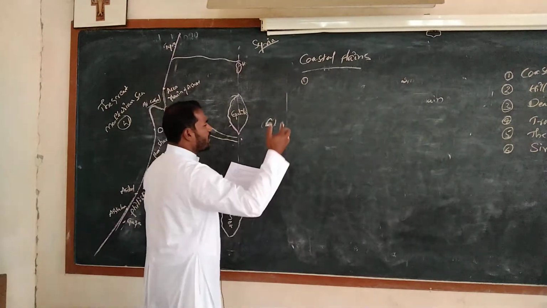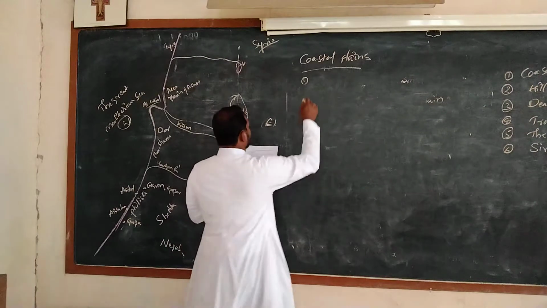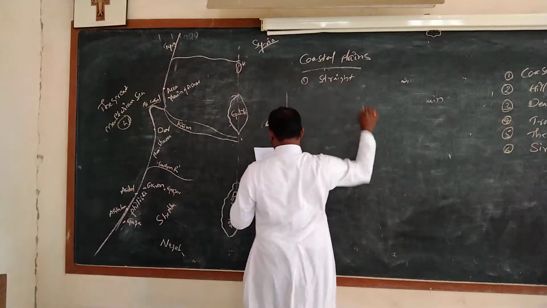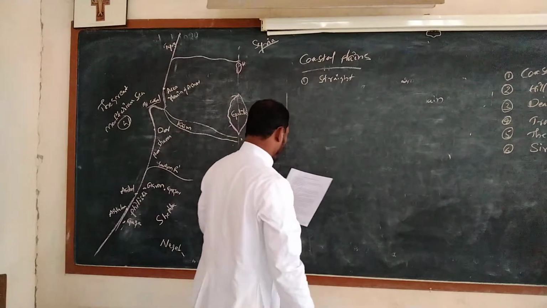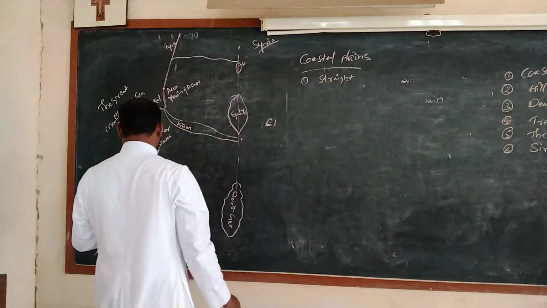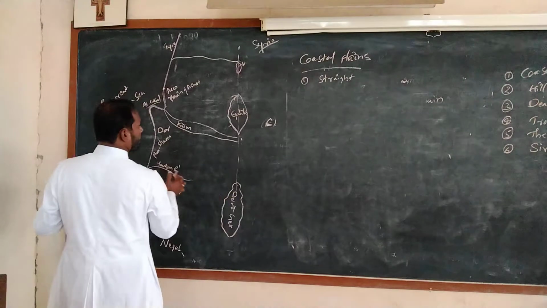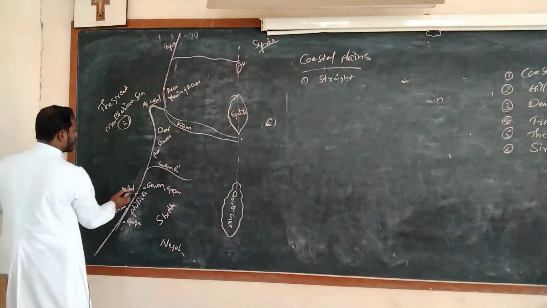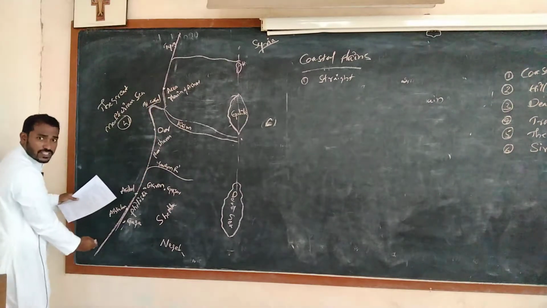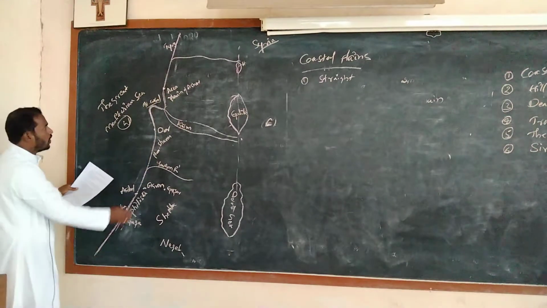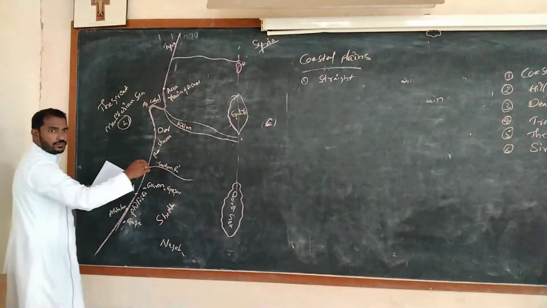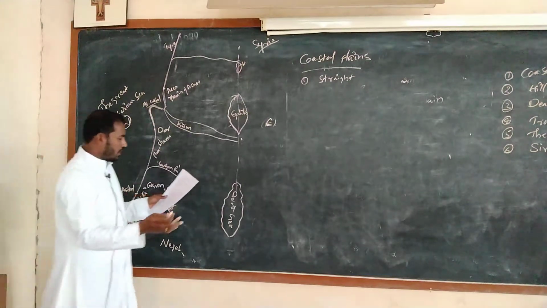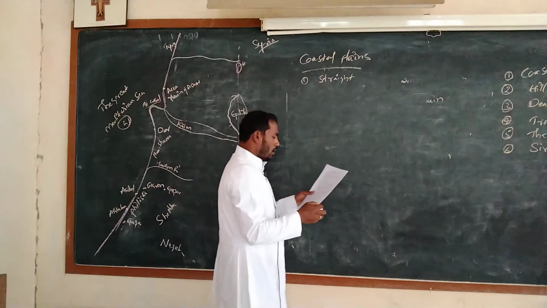The coastal plain is rather straight, extending along the Mediterranean Sea. See here it is rather straight. Only here comes the problem. Otherwise it is rather straight, extending along the Mediterranean Sea.